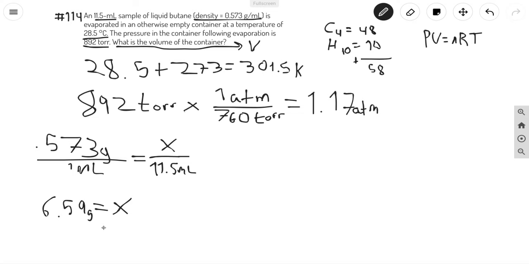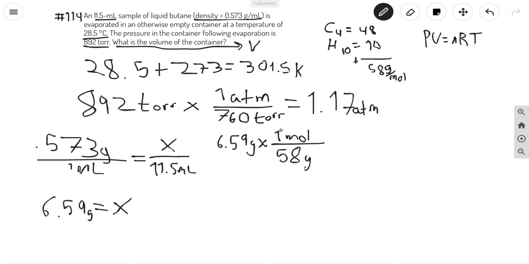So the way that I'm going to convert 6.59 grams is using stoichiometry. So 6.59 times, and then earlier on I found this number, so write grams per mole to make that clear. This is the molar mass of liquid butane, so 1 mole is 58 grams.